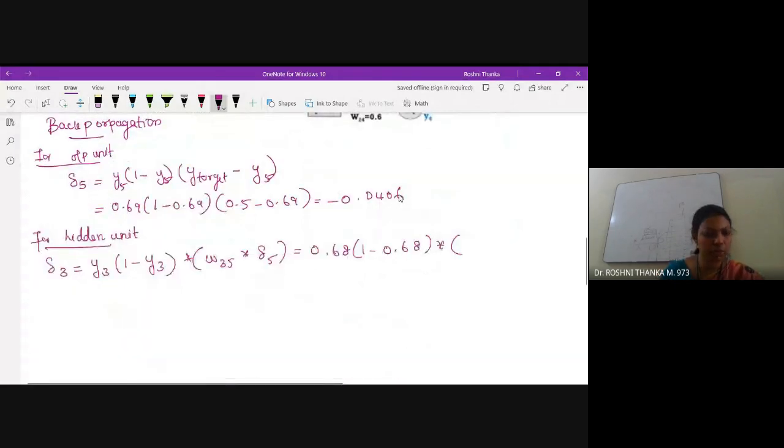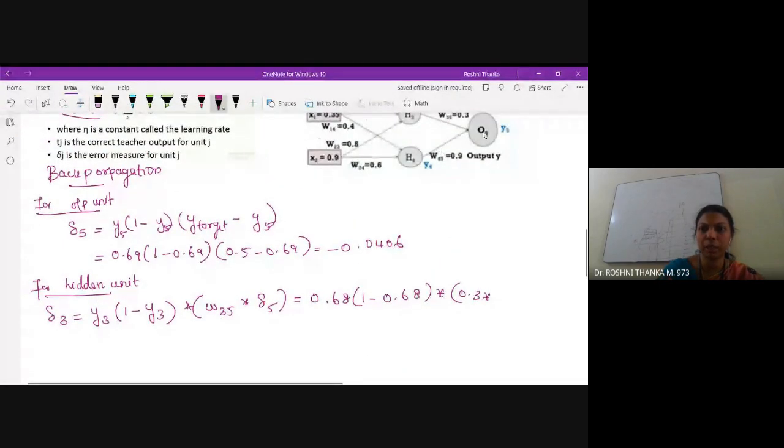The weight for this is 0.3, into the error which we got for this particular node, which is minus 0.0406. If you calculate this, you will get the answer as minus 0.00265.